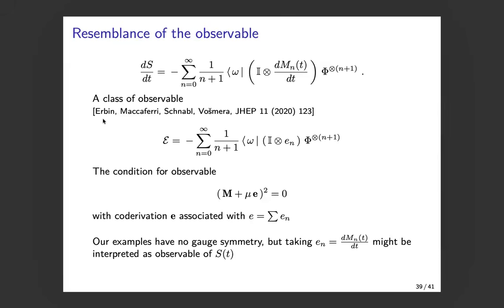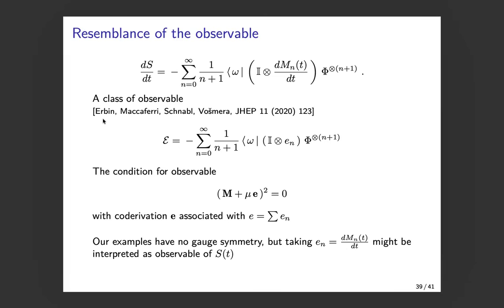In their paper, when we take E to be this form, and E_n is cyclic, this can be promoted to the co-derivation, which satisfies this relation. Mu is the auxiliary parameter, and M is the co-derivation, which encodes the original action information. And this is the extension of the infinity algebra, and E is the sum of E_n.